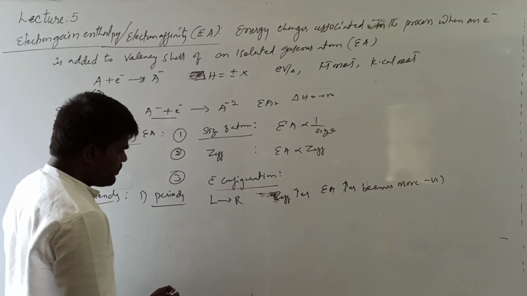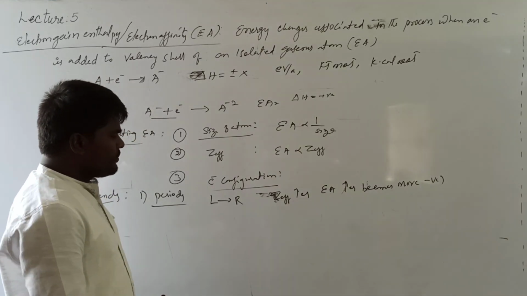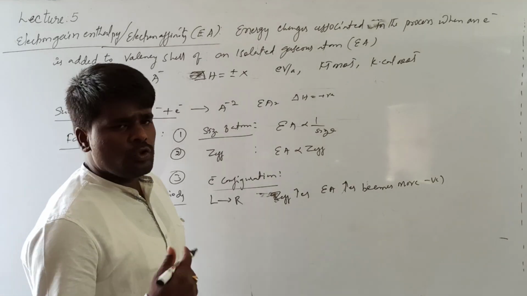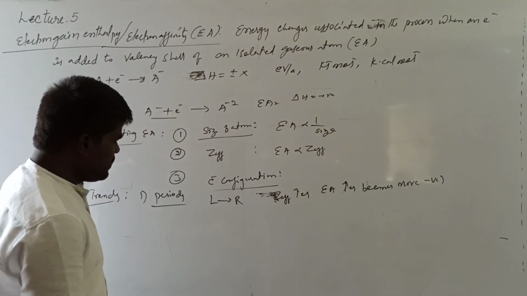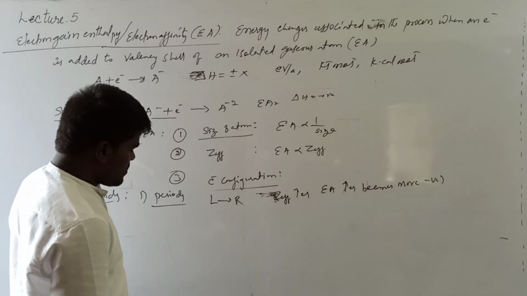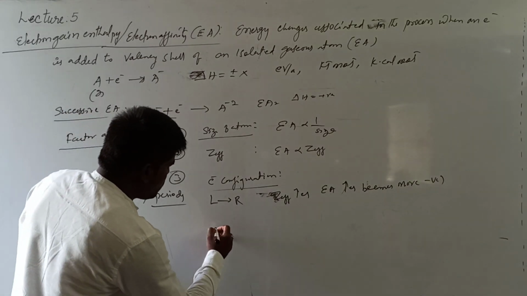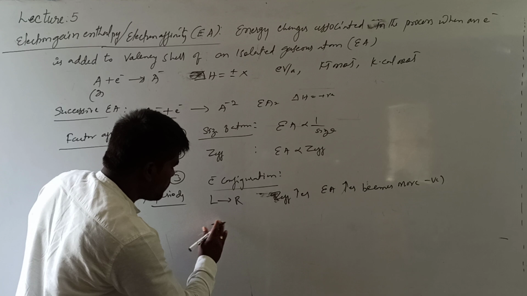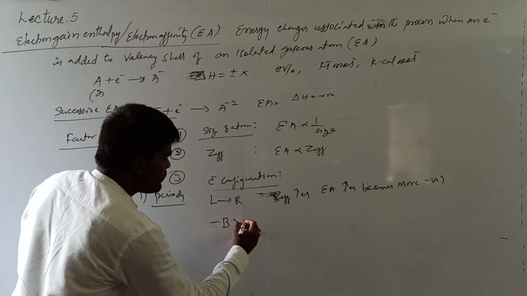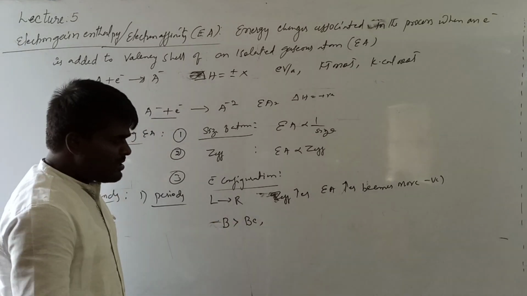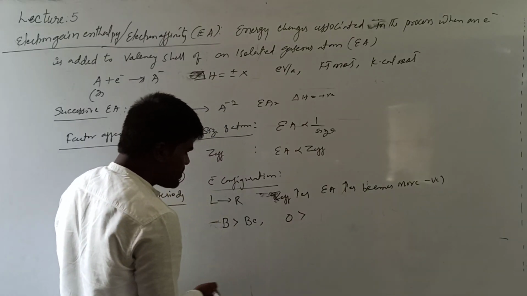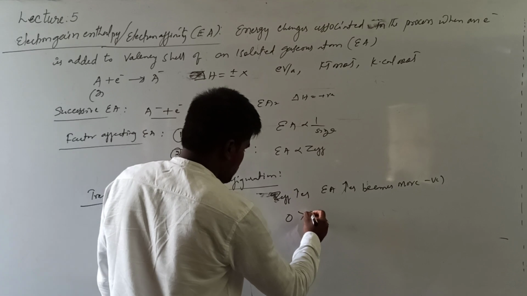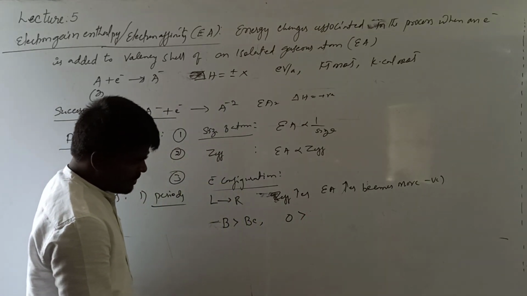Generally, the electron affinity of noble gases will be highly positive because of their stable electronic configuration. There is an exception: the electron affinity of boron will be greater than beryllium. In the same way, the electron affinity of oxygen will be greater than nitrogen.